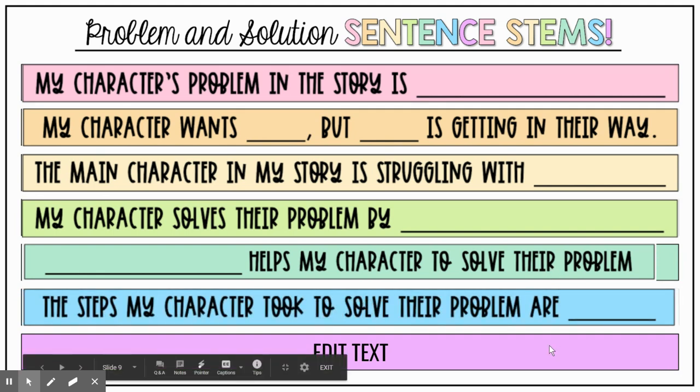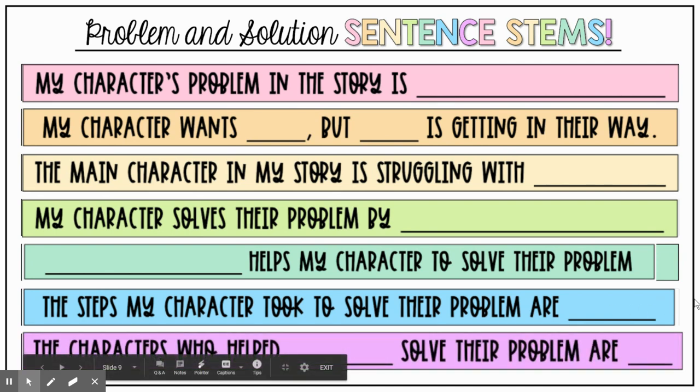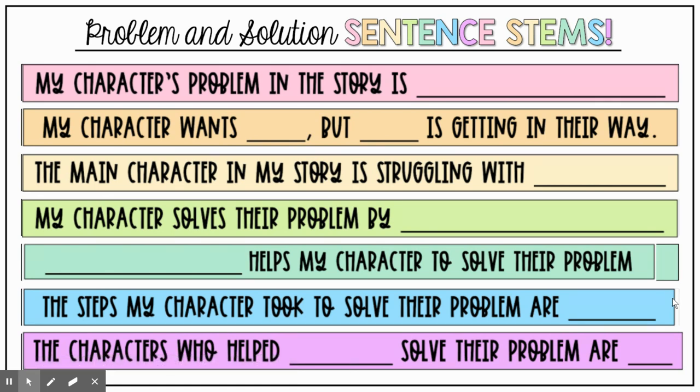The steps my character took to solve their problem are, you can list the steps that they took, and you can think about the characters who helped solve their problem. So the characters who helped Cinderella solve her problem are the mice and the birds.